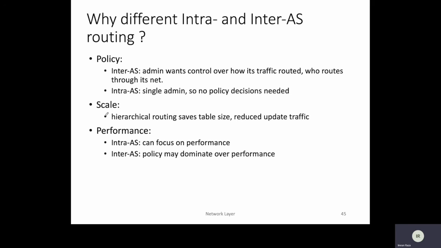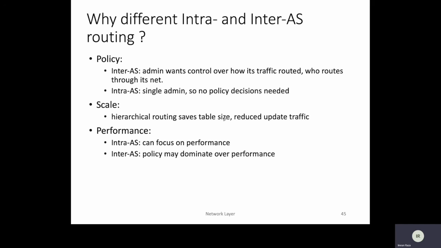The second difference between intra and inter-autonomous system routing is hierarchical routing. We have divided the network world into different autonomous systems, reducing the table size and also the updates that are required, right? And we have discussed this point earlier. What if we were using RIP and OSPF instead of Border Gateway Protocol?